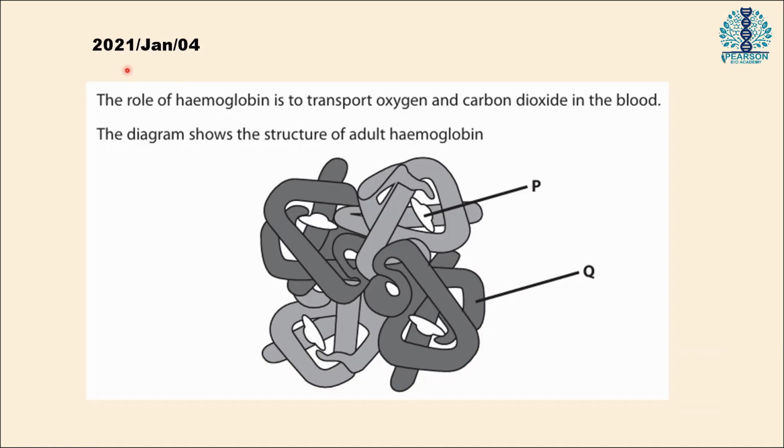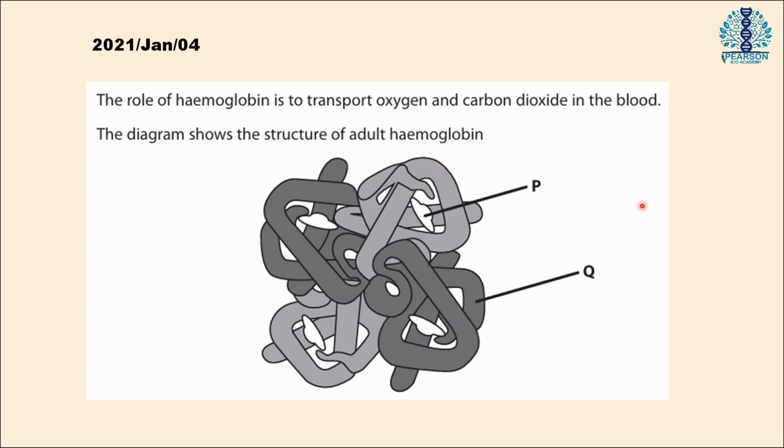Right, so let's quickly go through the question. It's from the January 2021 paper. The question states that the role of hemoglobin is to transport oxygen and carbon dioxide in the blood. The diagram shows the structure of adult hemoglobin.